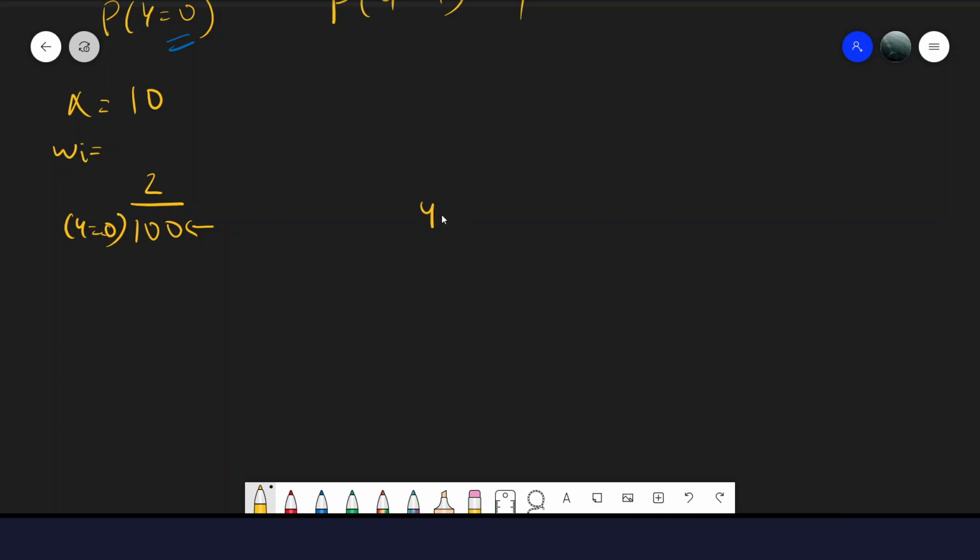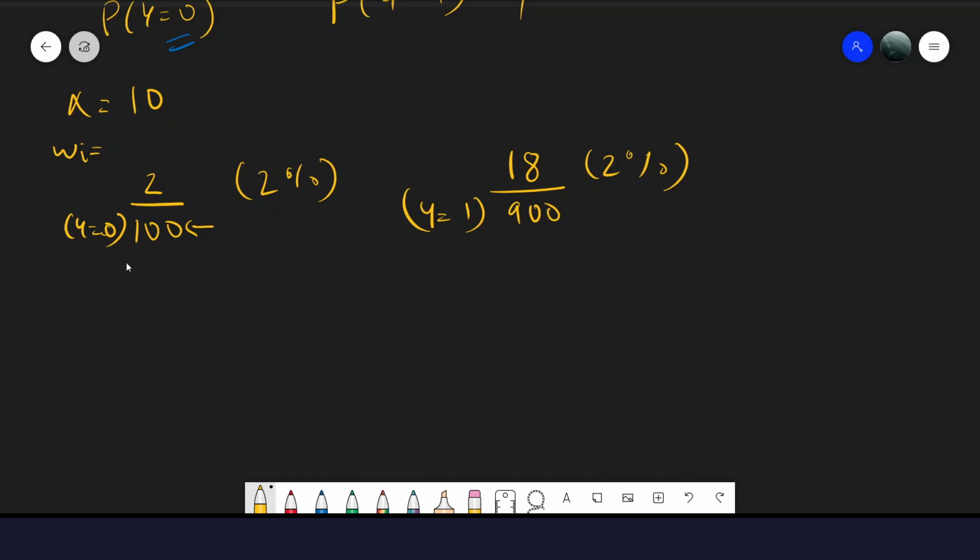Whereas if we take the class y equals 1, let's say 900, okay? There are 900 data points where the class y equals 1. And the feature wi appears 18 out of those 900 data points. So if you observe carefully, this is 2% of the entire data set, okay? This is 2% of the entire data set.